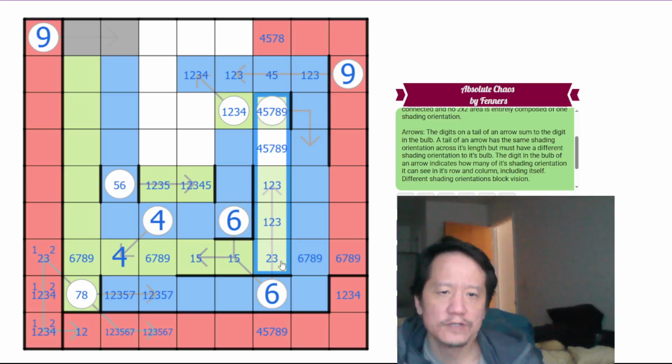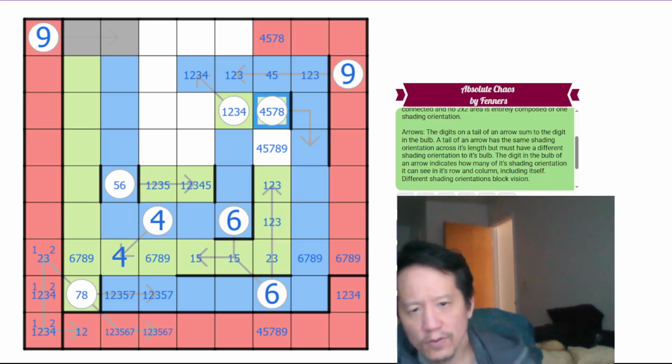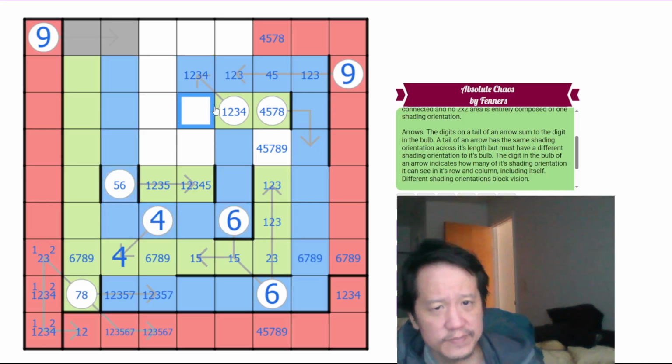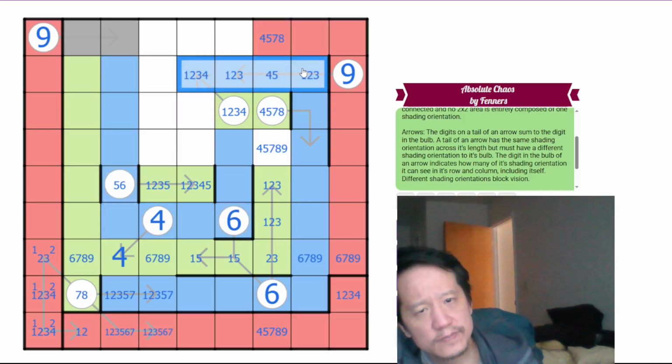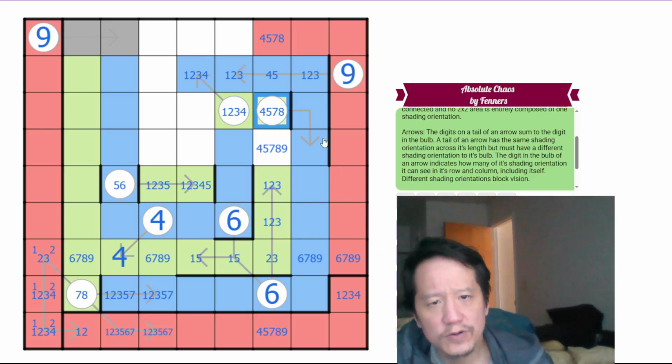This could connect this way. It cannot be 9 anymore, though. So far, this is looking fine. Oh, doesn't this have to always be 3 here?